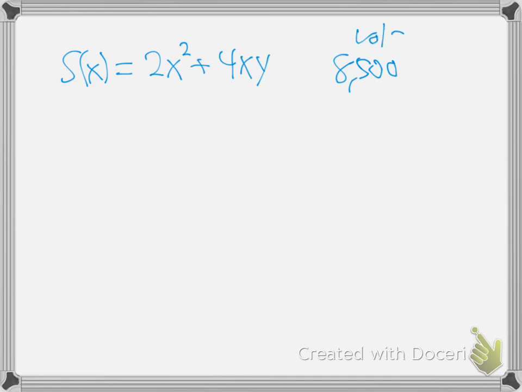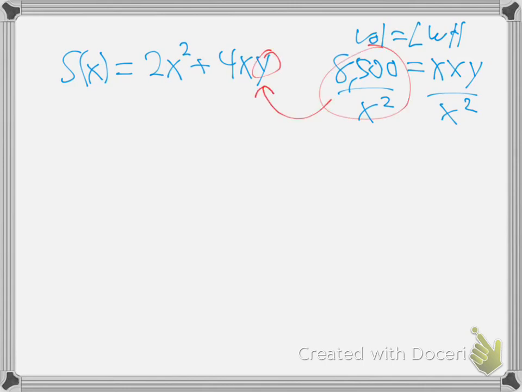Let me bring that over. So the surface area, again, was 2x squared plus 4xy, and we had 8,500 volume is length, width, height, x, x, y. So divide by x squared and plug that in for y.